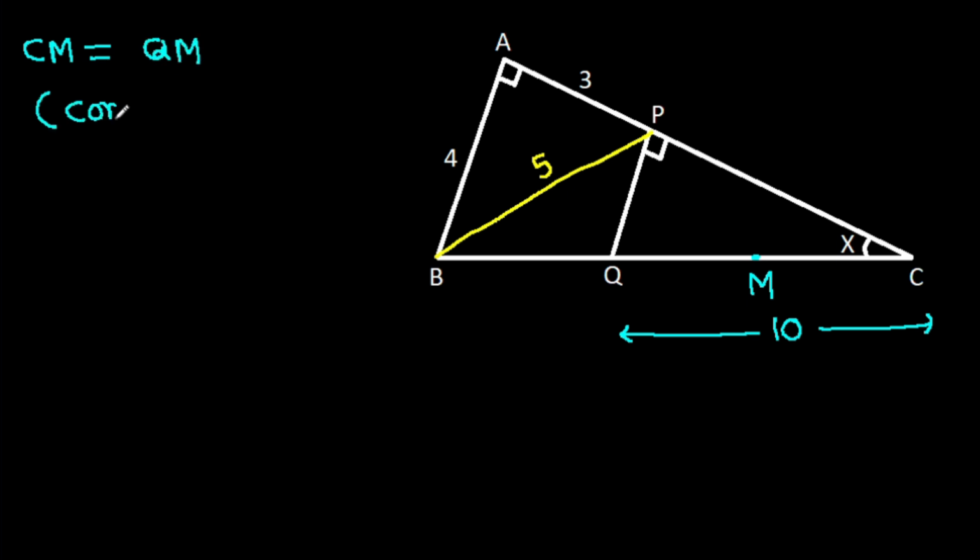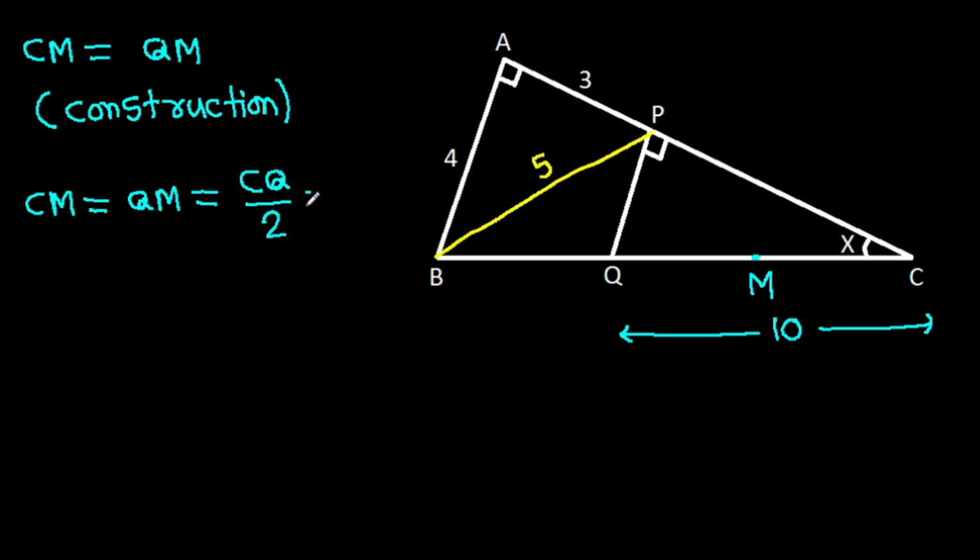It is our construction. Then CM will be equal to QM, that will be CQ over 2, and CQ is 10 over 2, that will be 5. So CM is 5 and QM is 5.